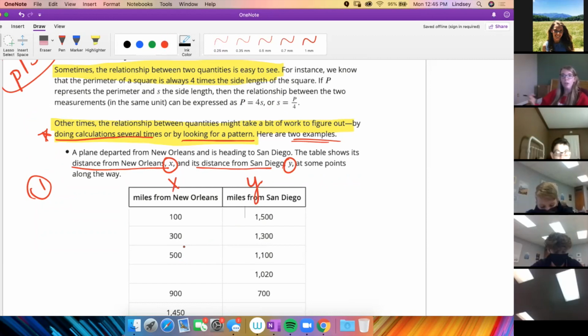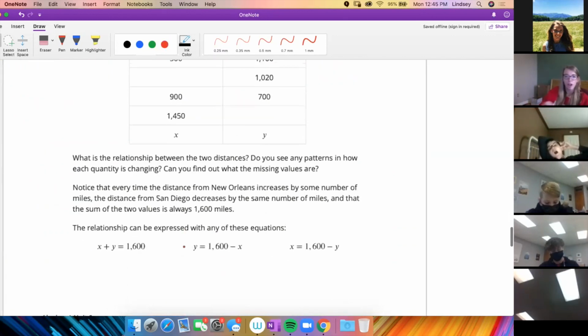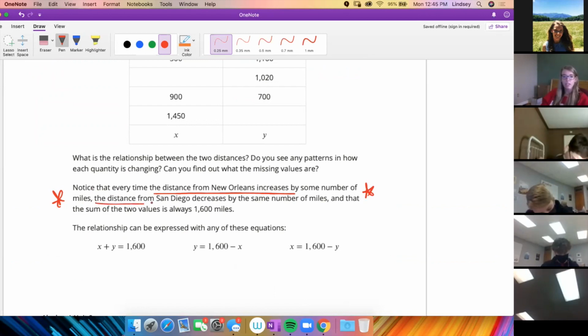The farther we get from New Orleans, the closer we get to San Diego. It asks, what is the relationship? Notice that every time the distance from New Orleans increases, the distance from San Diego decreases, and the sum of the two values is always 1,600 miles.